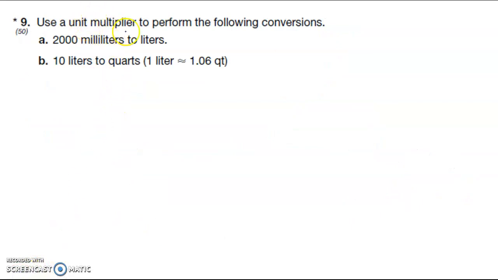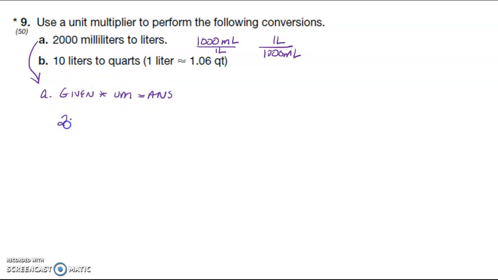Okay, use a unit multiplier to perform the following conversions. So I have milliliters to liters, and I know that there are 1,000 milliliters to 1 liter, or it could be 1 liter over 1,000 milliliters. Same difference. Okay, so in A, I'm going to use my given times my unit multiplier is equal to my answer. So my given is 2,000 milliliters.